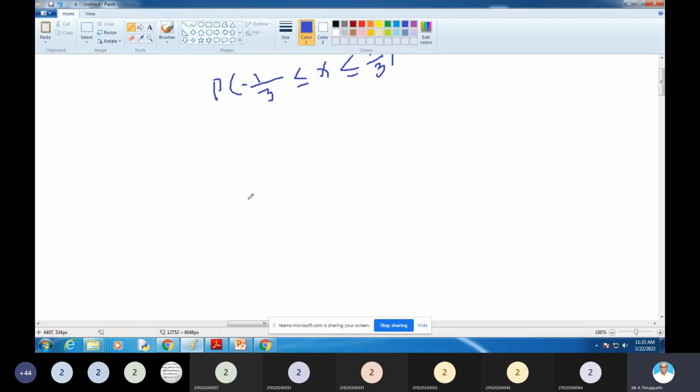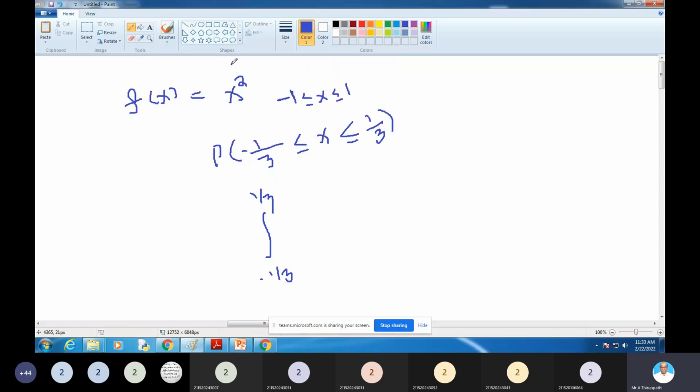Now this is simple. Integral over minus 1 by 3 to plus 1 by 3 of f of x. What is f of x given? x square, into dx.